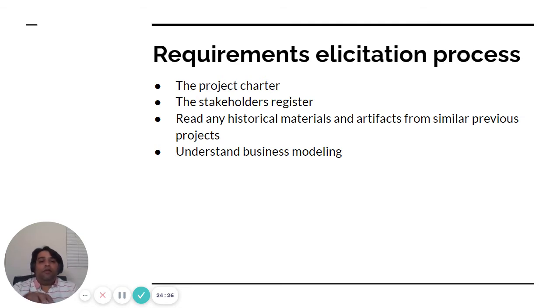Then you have to read any historical materials and artifacts from similar previous projects. Suppose this 100% autonomous driving was previously built, but it was not 100%. They created semi-autonomous driving functionality.